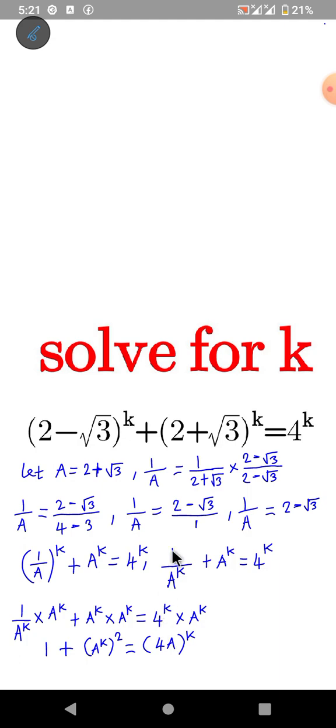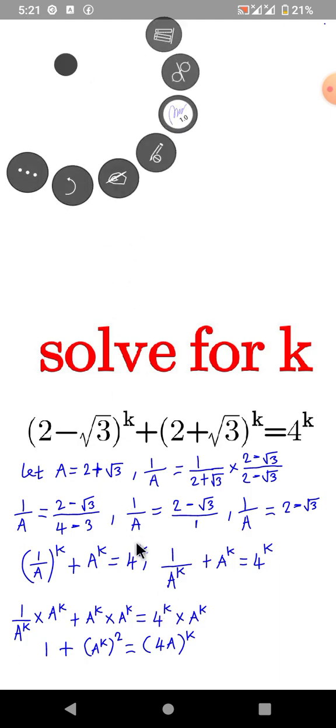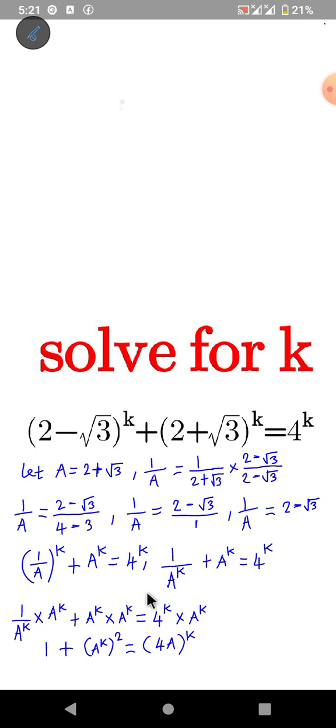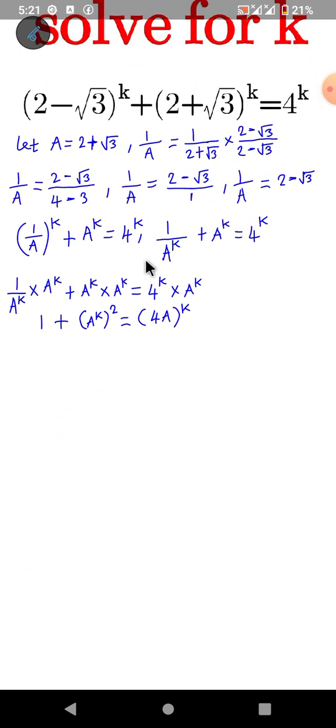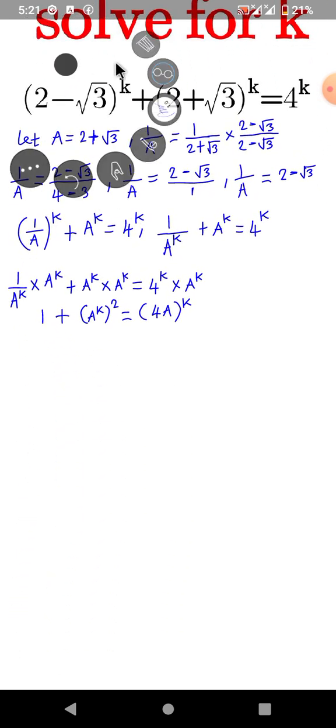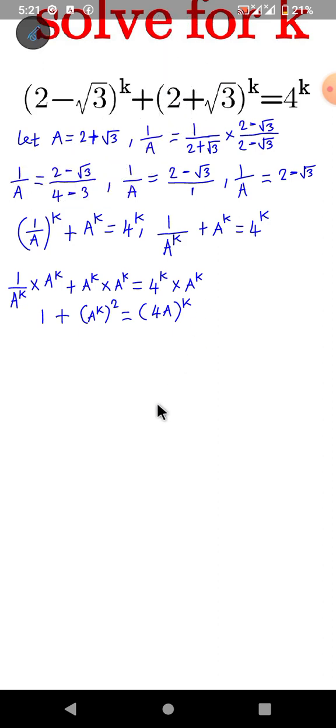So now we'll continue again. Now I'm going to say recall a equal to 2 plus root 3.